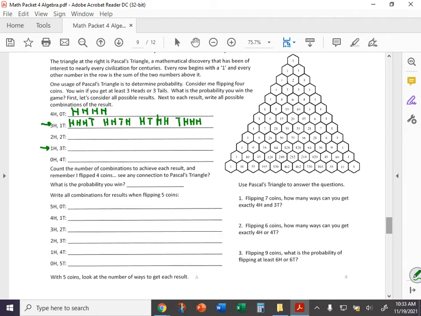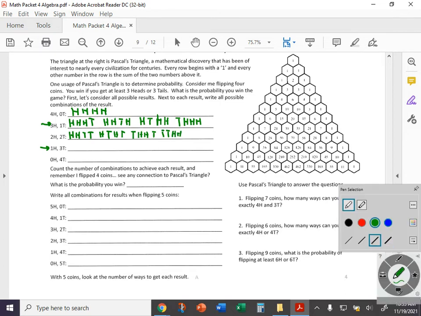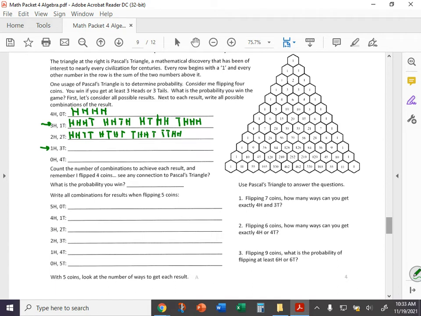For the next one, 2 heads and 2 tails. We can get a head, a tail, and a head and a tail. We can get a tail, a head, and a tail. We can get a tail, a head, and a head. I'm going to switch my marker so it's thinner so we can actually fit the rest of these on here.